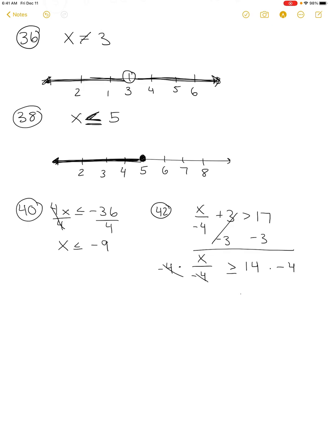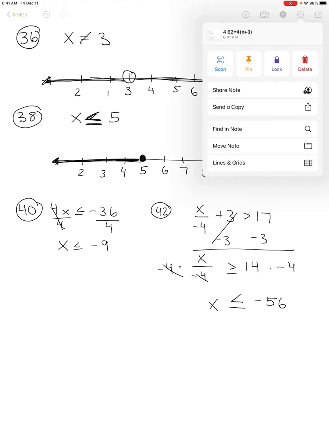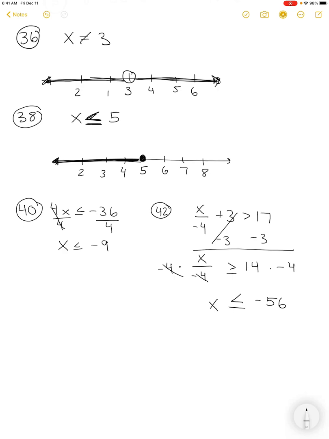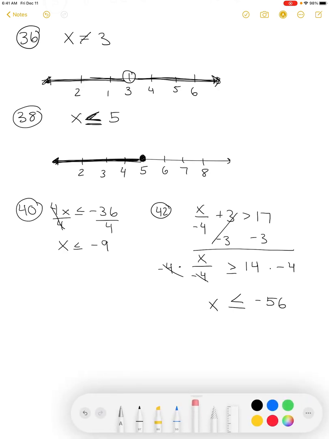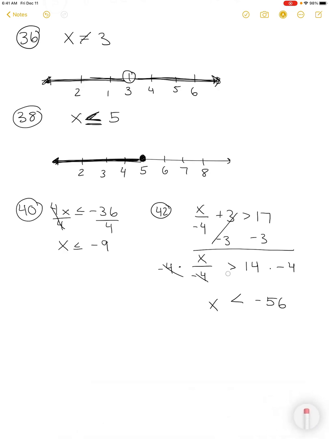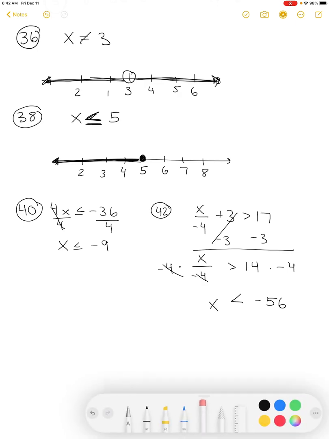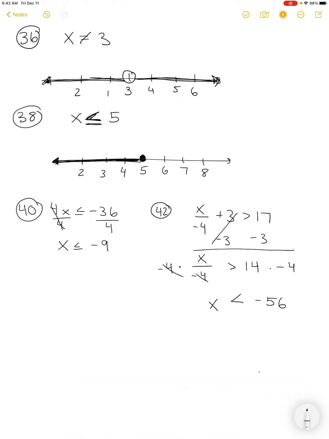That means I need to flip the inequality. Oops, it is not equal to. I didn't mean to add that. All right, so again, whenever you multiply or divide by a negative number, you have to flip your sign.